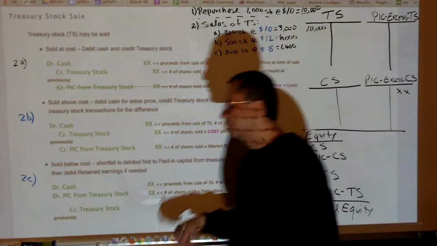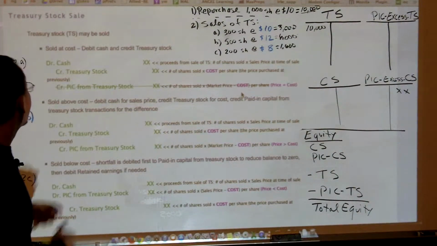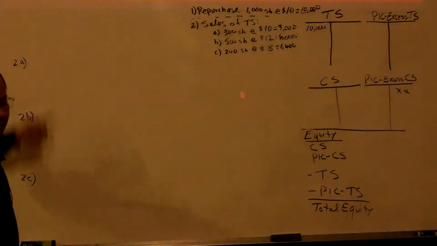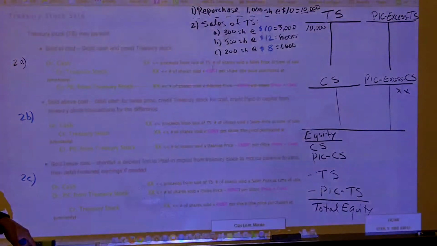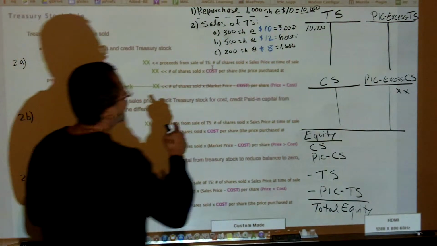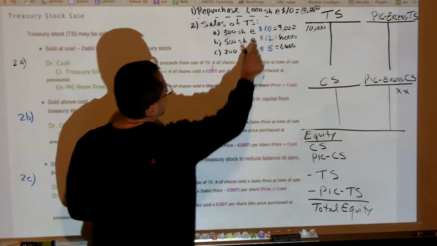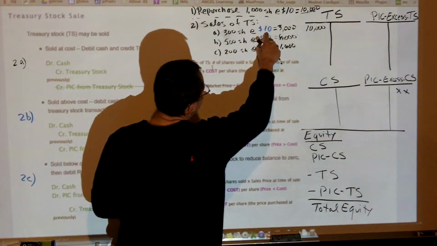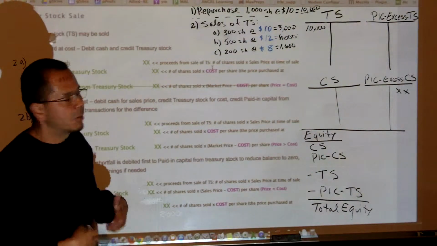So how does that get reflected in the journal entries here? So let's do it. So in 2A, again, we're selling 300 shares of the 1,000 we previously purchased for 10. So 300 shares times 10, we're getting from the buyer $3,000.